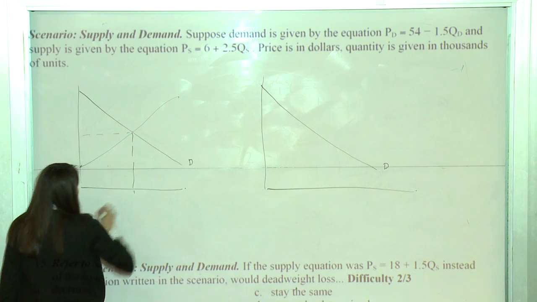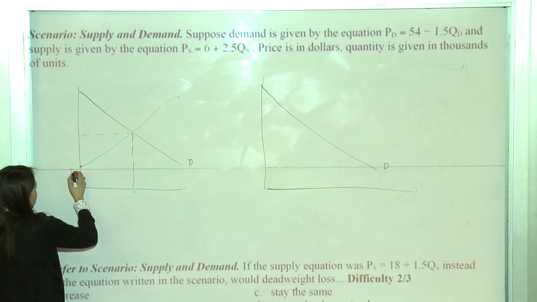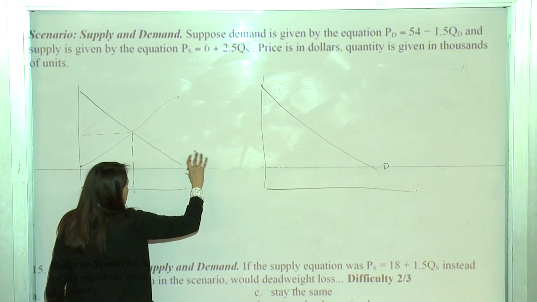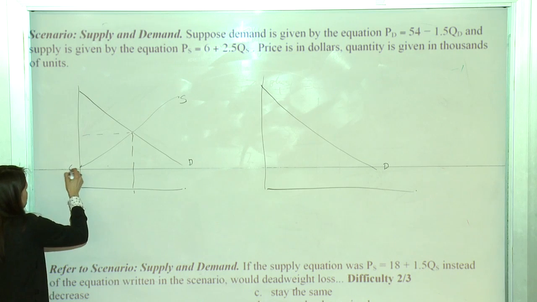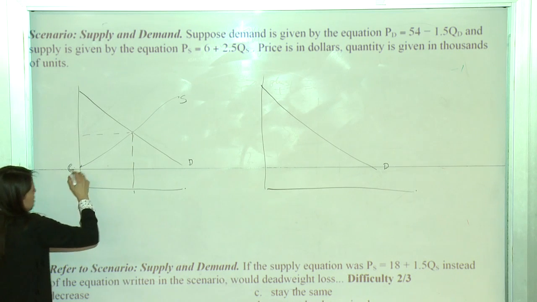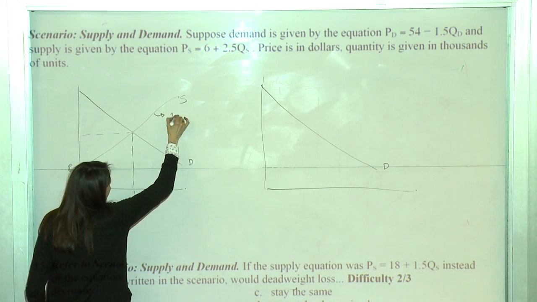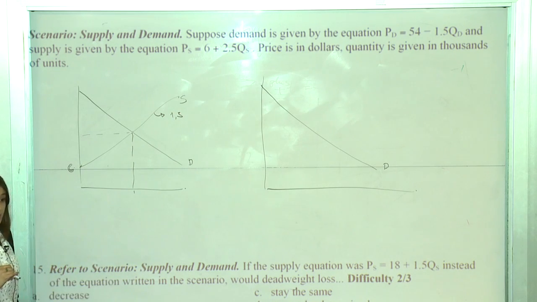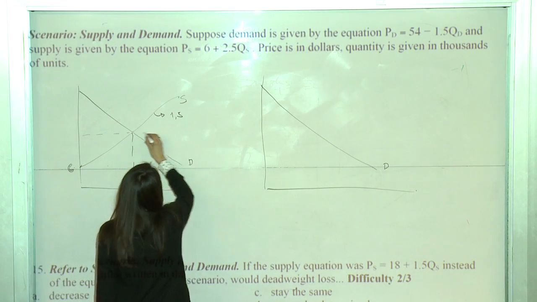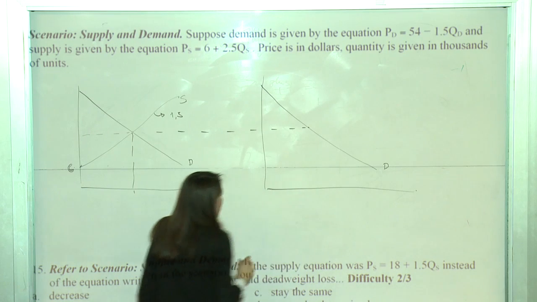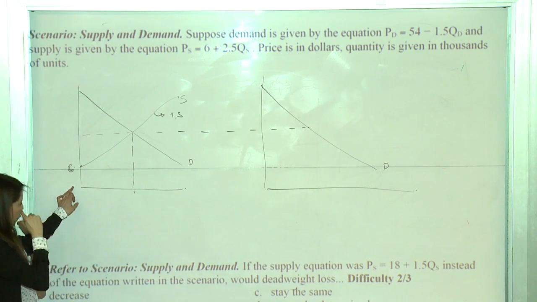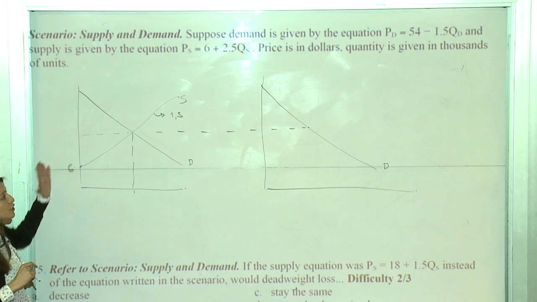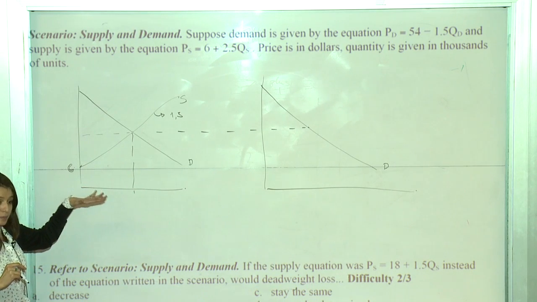So previously, my demand function remains the same. The supply function changes. It was intercept 6 here, and then a slope of 2.5. Now my supply function changes. The intercept changes, and also the supply function is flatter.